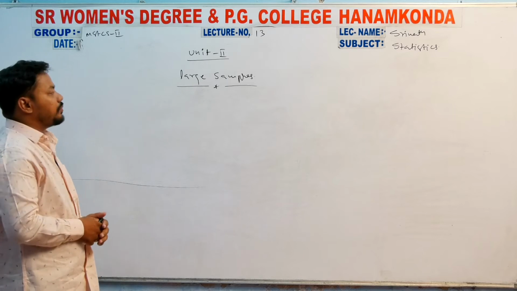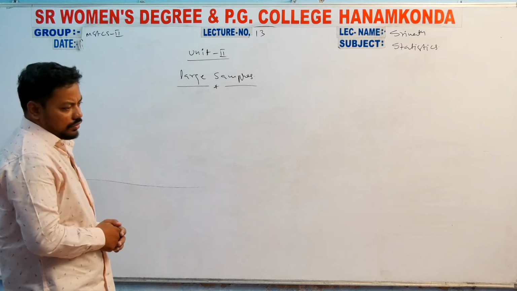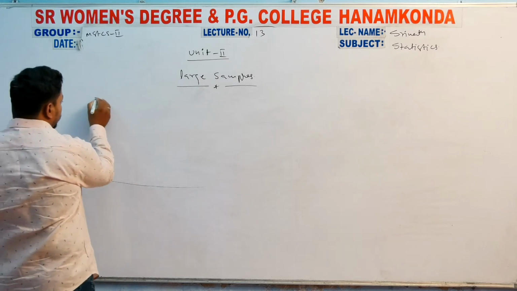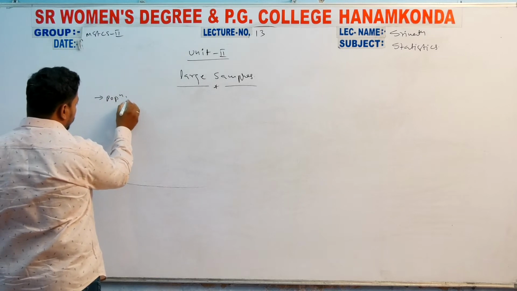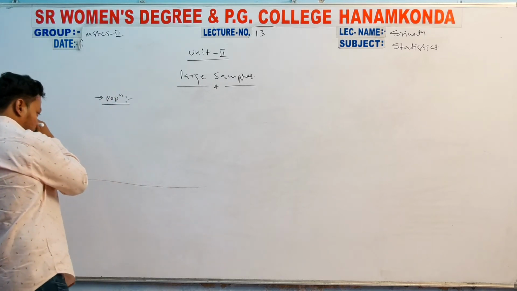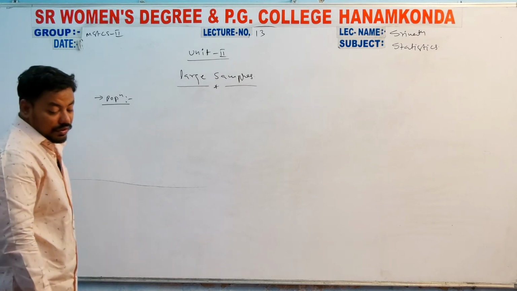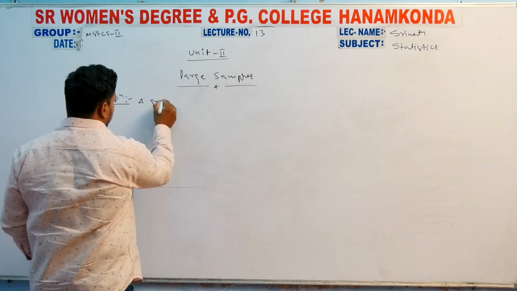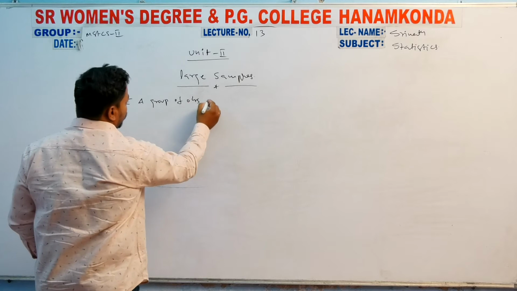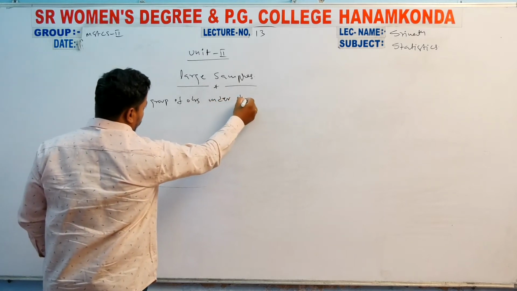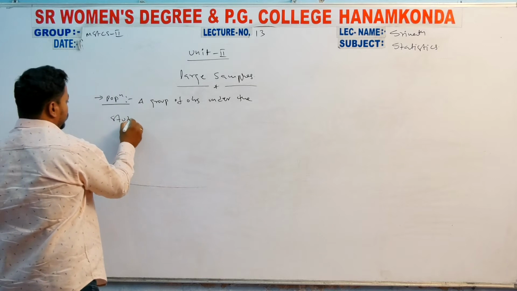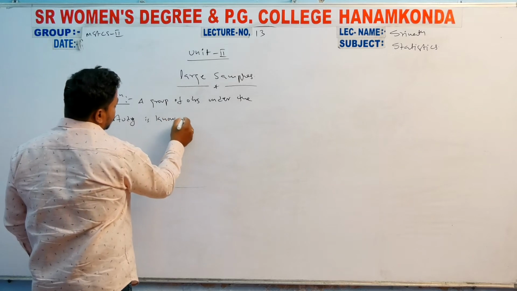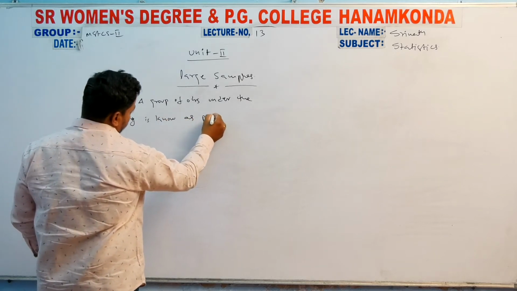Here, in large samples, first we have to discuss the population. A group of observations under study is known as a population.